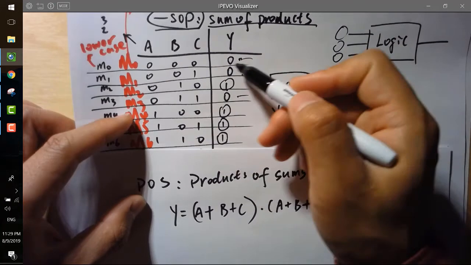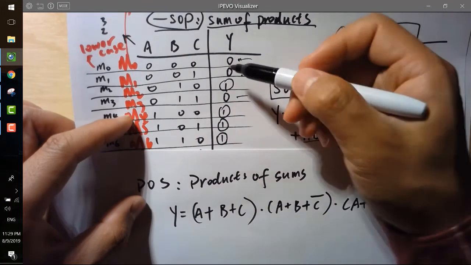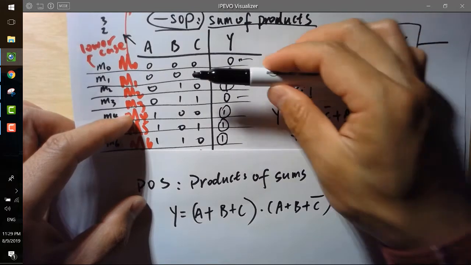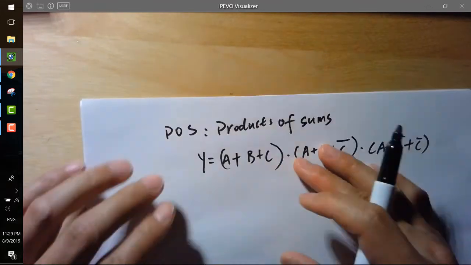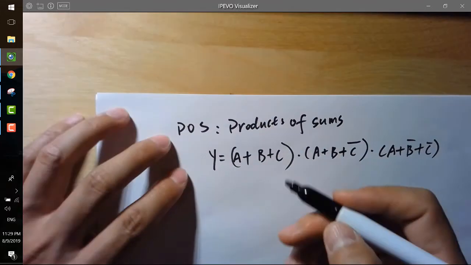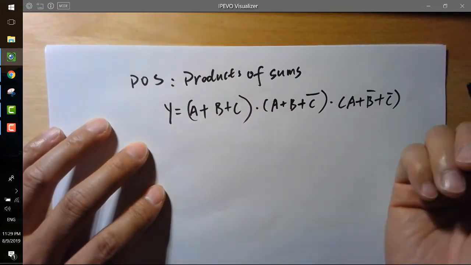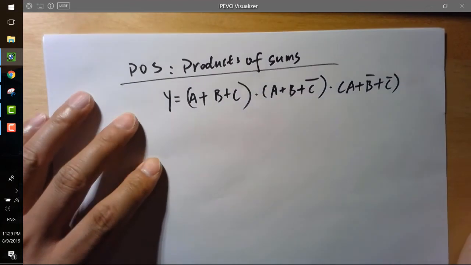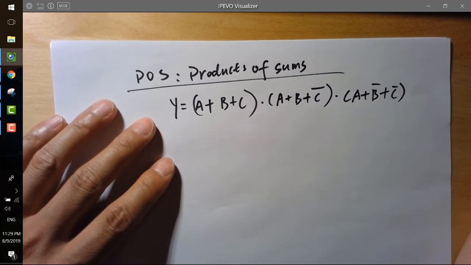You can plug all these inputs into this logic expression and find out it's valid for all these ones and zeros for all these rows in the truth table. Now I won't try to verify every single line for you, but you can do it by yourself if you like. But now we know how to do it. We just keep using that conclusion in the future, so it's easier to remember. You don't need to demonstrate every single theorem or law every time in the calculation.